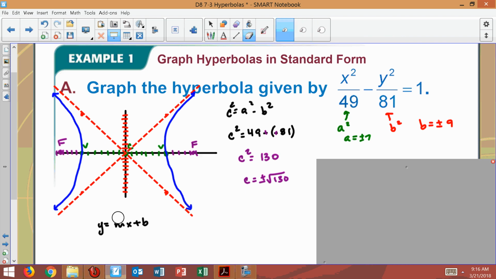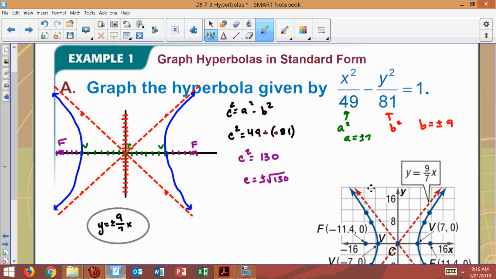So your equation would be plus or minus the rise portion, which is always with the y, 9 over the run portion, which is with x, which is 7. And then since it crossed at the origin, I would just take that part away. Those are my asymptotes there. So I'll include that as part of our answer.